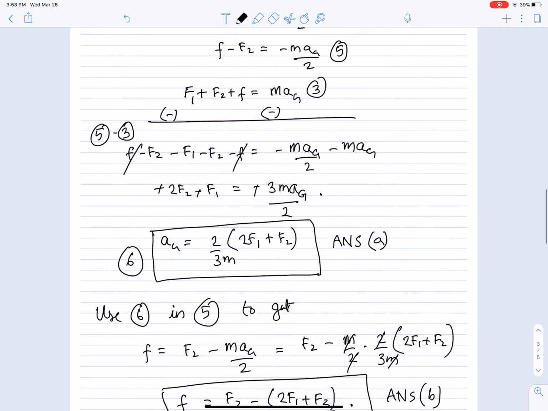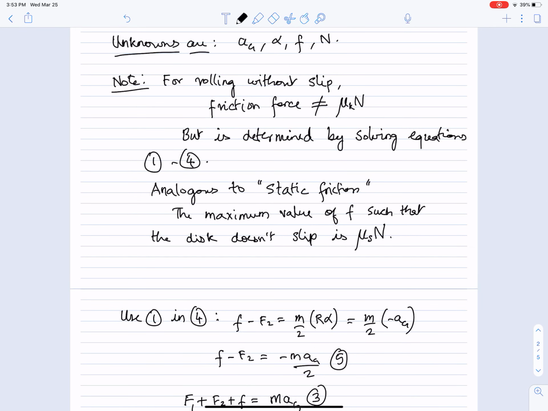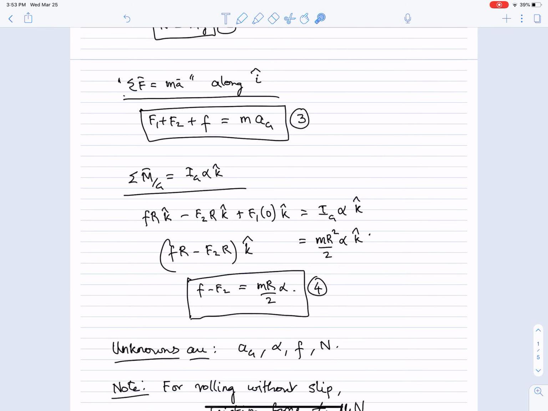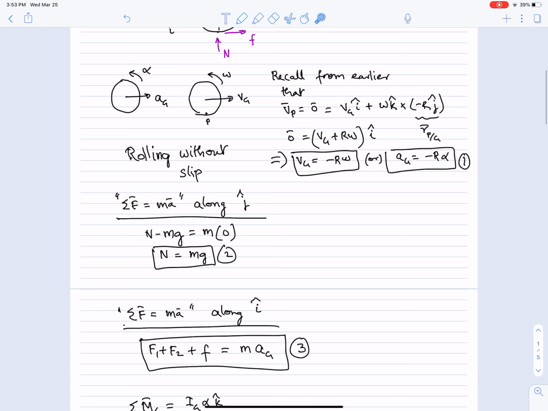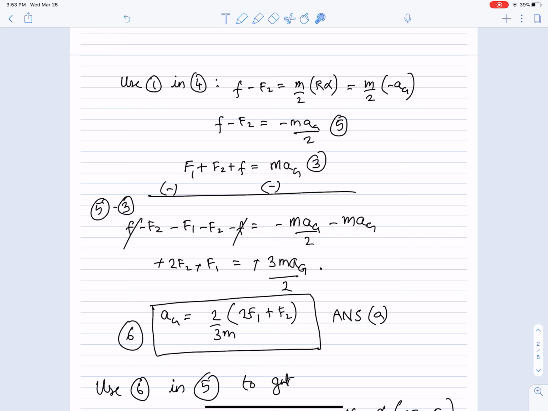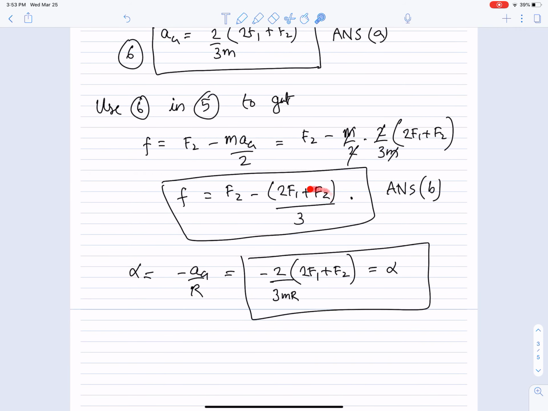So for an object rolling without slip, do not use friction force equals mu k times N. Rather, you just set up all the equations that you need to set up, namely sum of forces equals 0, sum of moments equals 0, and then also use the kinematic relationship that embodies rolling without slip, which is going to involve some kind of relationship between the acceleration and the angular acceleration, and then you solve for the friction force and you get some answer, and that's how you do it. I guess that's it.